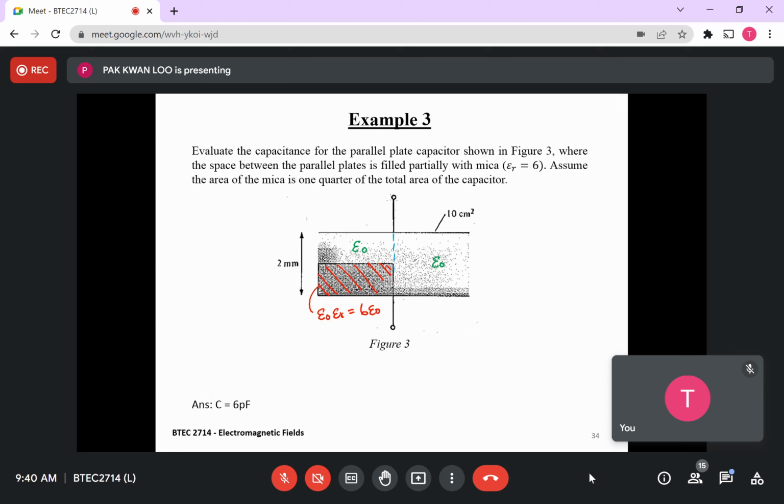Okay, so by looking at the configuration, the equivalent capacitance circuit should be, at one side, a series capacitance, and this side here will be in parallel with the other capacitance.